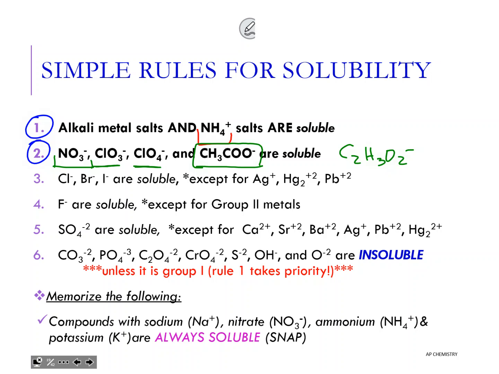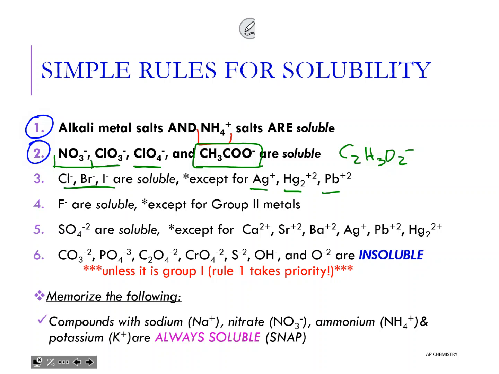So if you basically know that both of 1 and 2 are always soluble, then you'll be able to figure out which ones are insoluble. There are notable exceptions to different ones here, especially for the chlorides, bromides, iodides group. It's usually silver, mercury, lead. They don't usually give you mercury stuff.